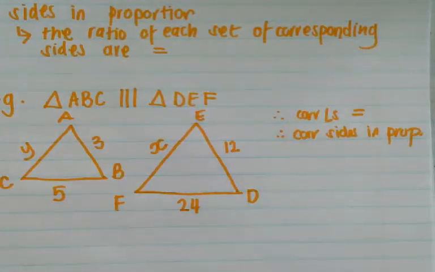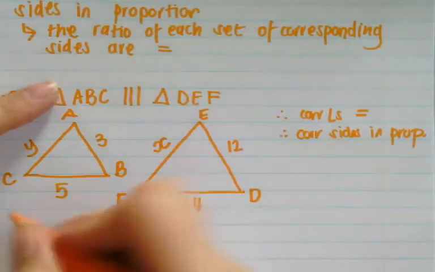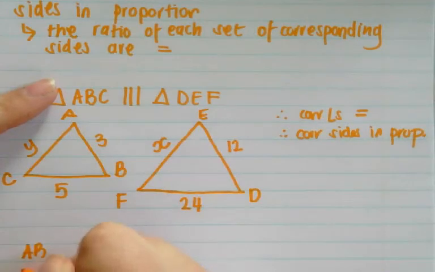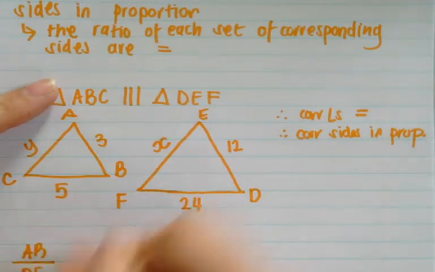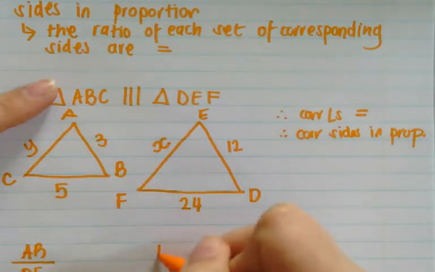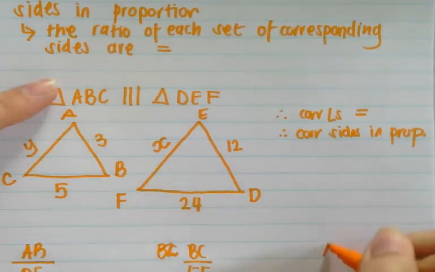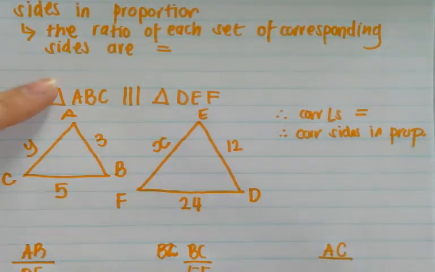Okay, and I did that on purpose because I knew you were going to make that mistake. So then, which are my corresponding sides? AB corresponds to DE. Good, you're getting it. BC would correspond to EF, and my last one, AC, to DF.